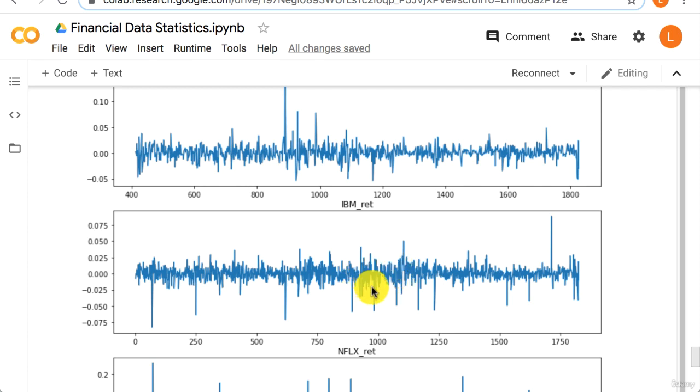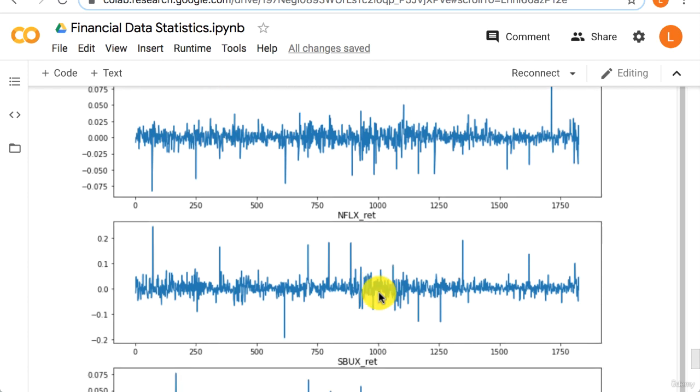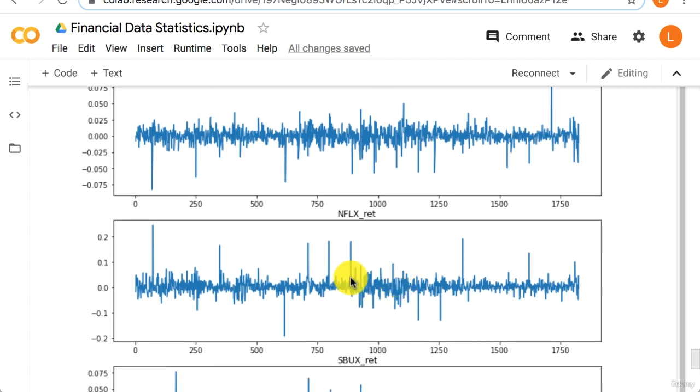Here's an area of high volatility for IBM. And for Netflix, here's some high volatility. So basically, you're going to see clusters of high volatility and low volatility. High volatility follows other high volatility, and low volatility follows other low volatility.